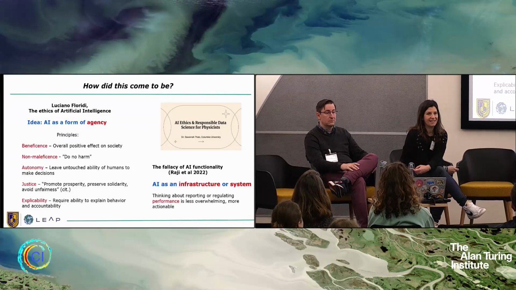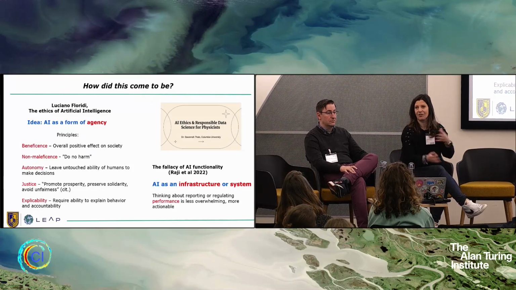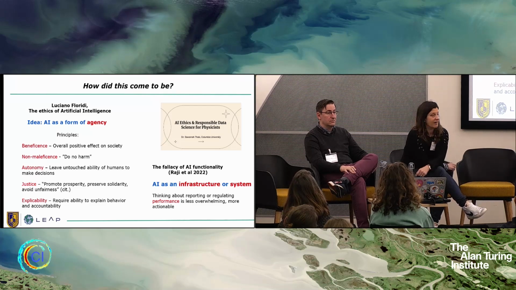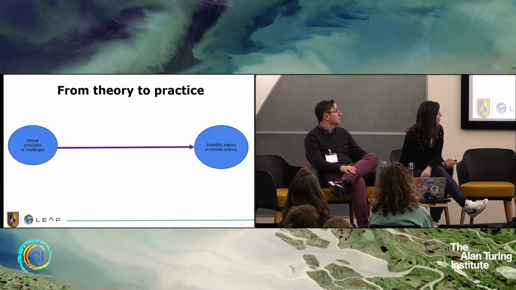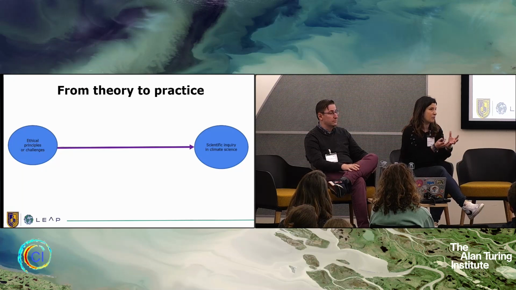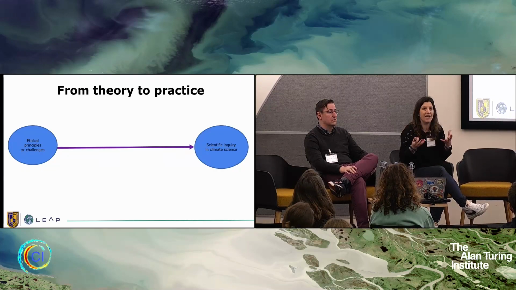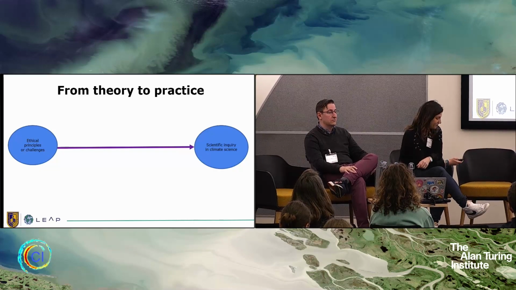To me, this felt much less overwhelming and more actionable than thinking in general about ethics or governance or regulation had felt. So my hope for today is that we can talk about these ethical principles or challenges and connect them to our everyday practice of scientific inquiry.